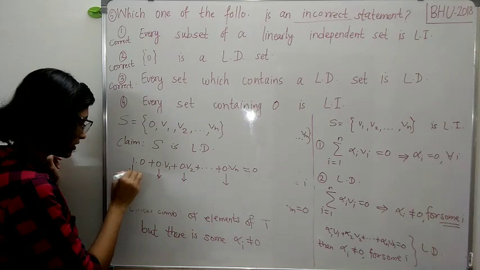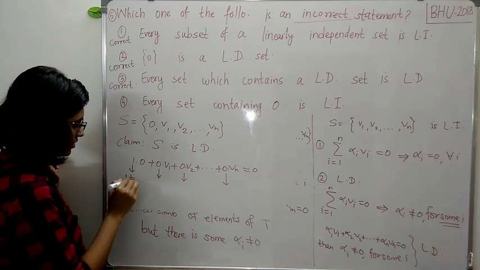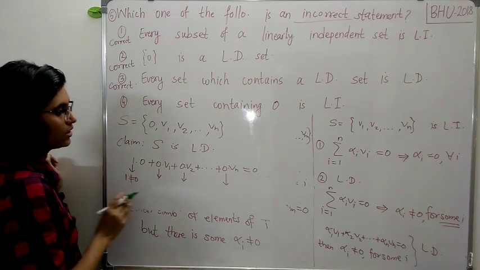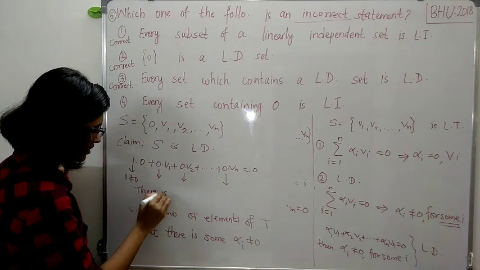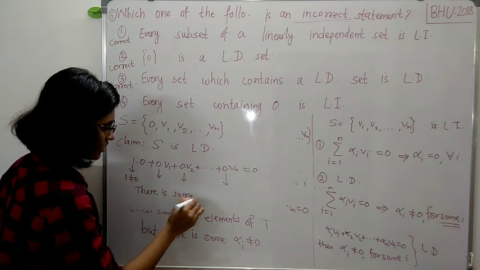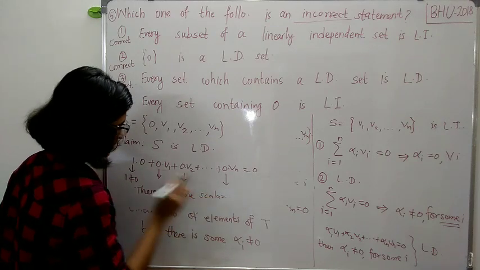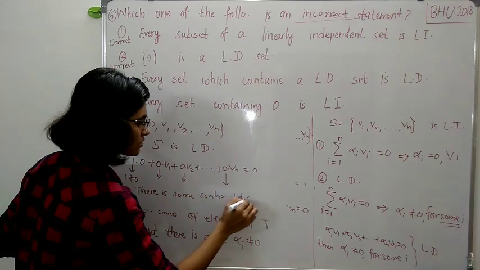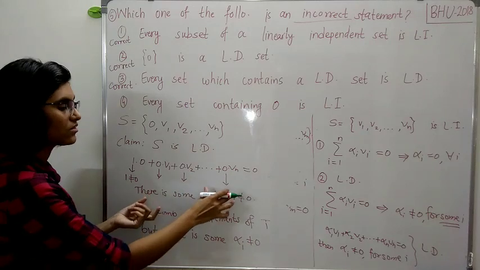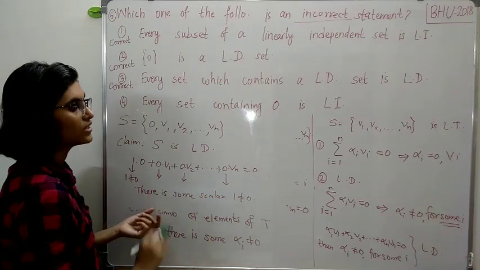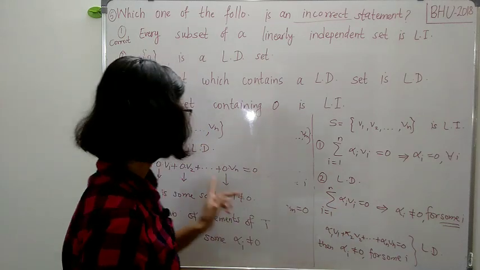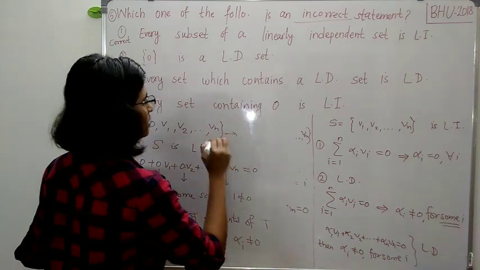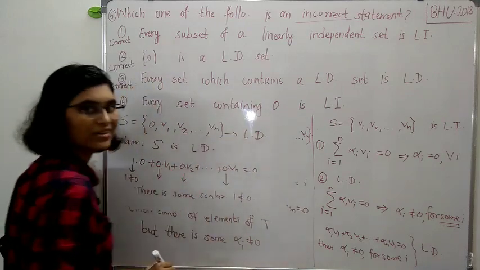But look at this scalar. This scalar 1 is not equal to 0, right? So there is some scalar, here it is 1, which is not 0. So there exists some non-zero scalar, and therefore by this definition this set is a linearly dependent set.